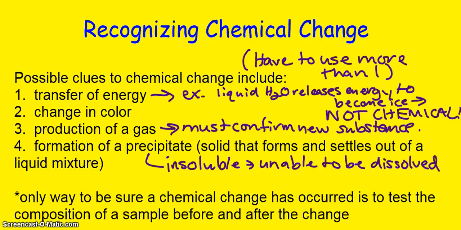So if a precipitate forms, you likely have a new substance that has new characteristics that are different from what the original substances were before the change.